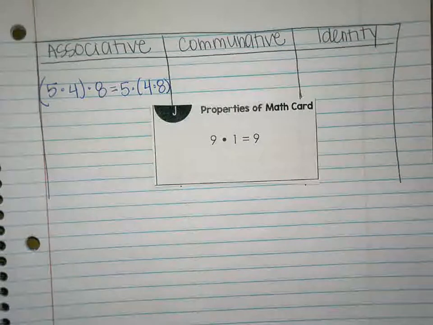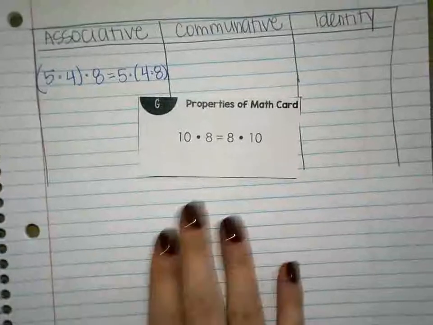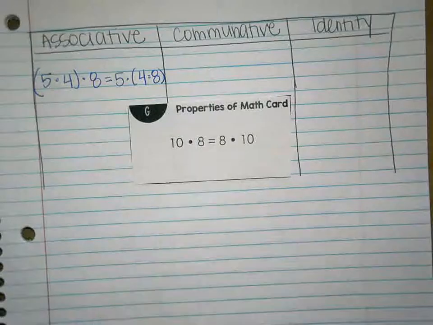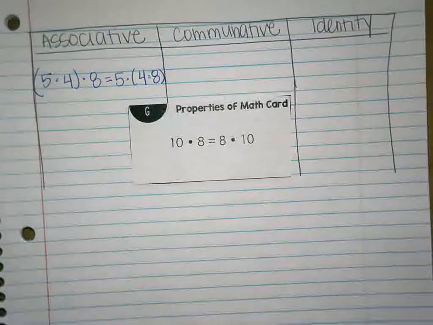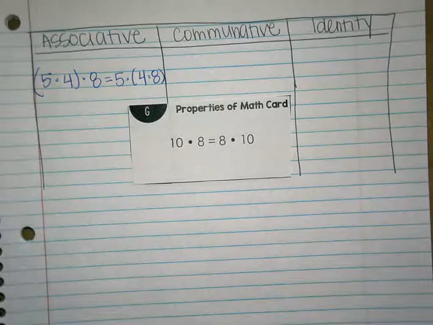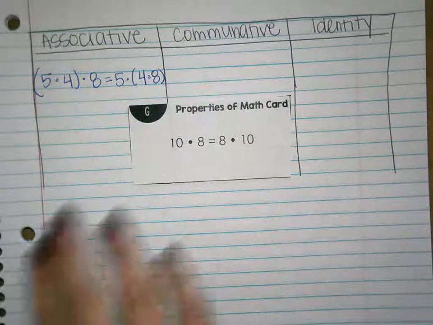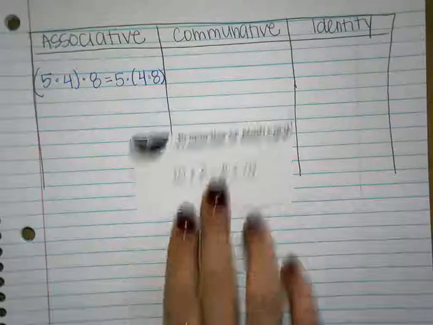Emily, what'd you say? Identity. Very good. Here's your next one. 10 times 8 equals 8 times 10. Sienna, what'd you say? Commutative. You are correct. It is commutative.